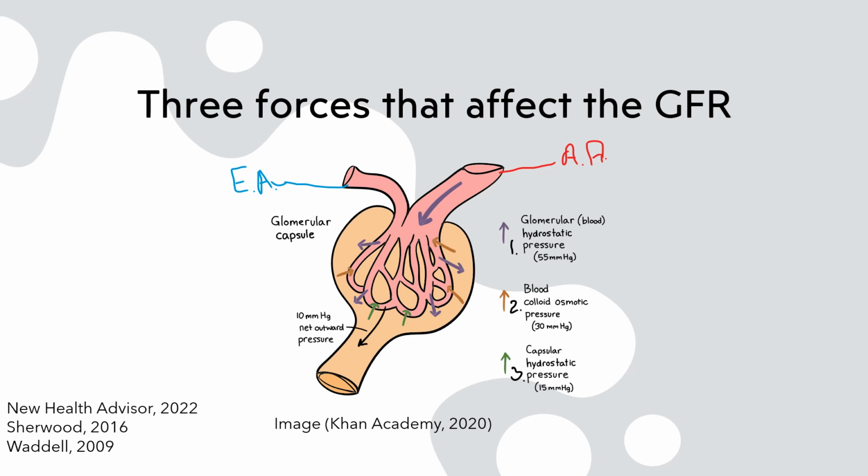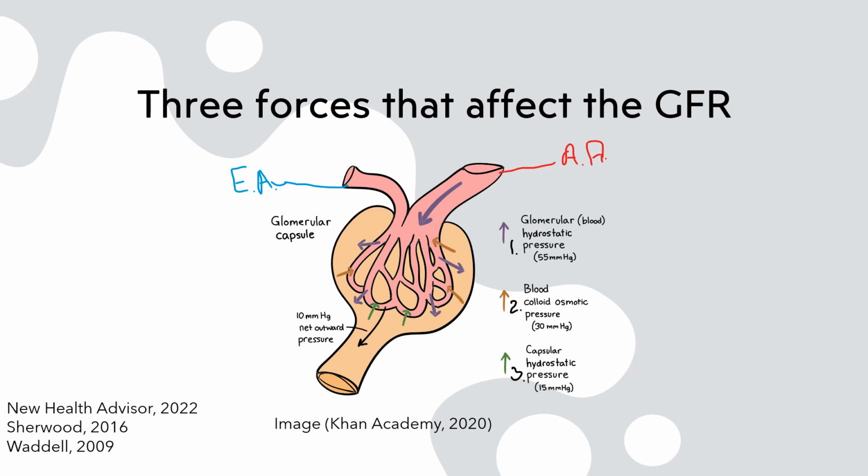So two of these forces, the blood colloid osmotic pressure and the capsular hydrostatic pressure, are opposing forces against the glomerular hydrostatic force. So basically what that means is that all three of these forces are out of balance. The glomerular hydrostatic pressure favors filtration, while the other two oppose filtration.